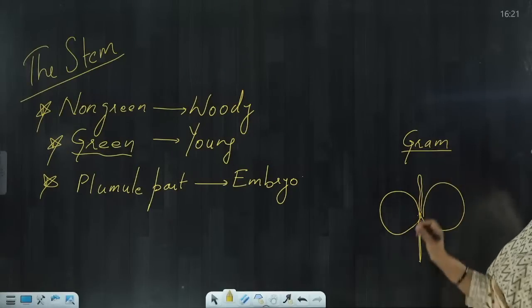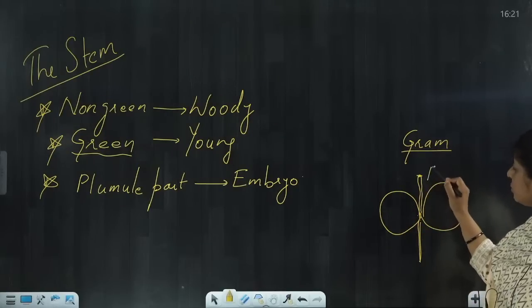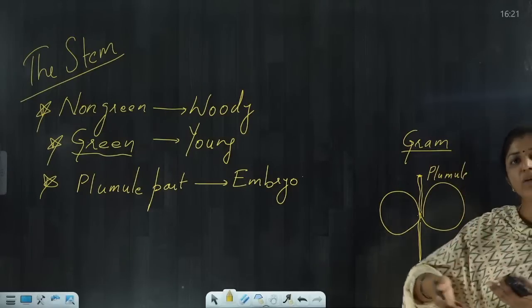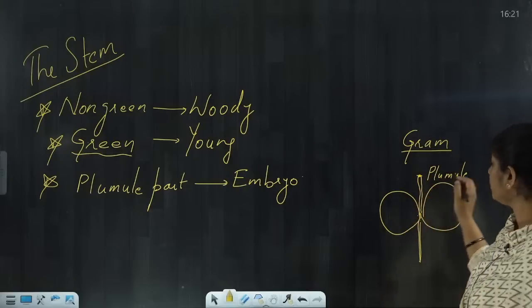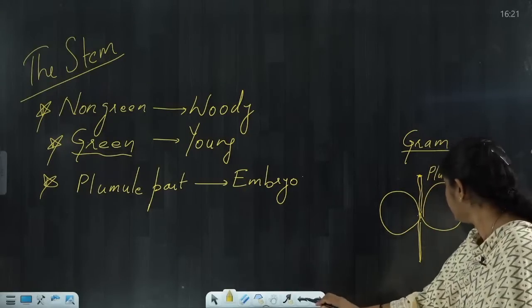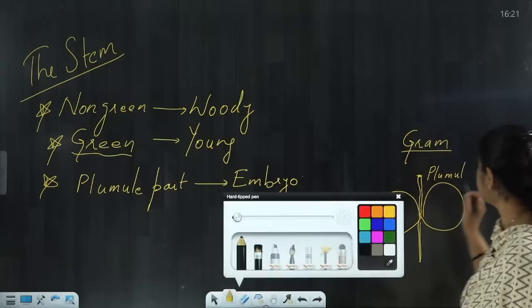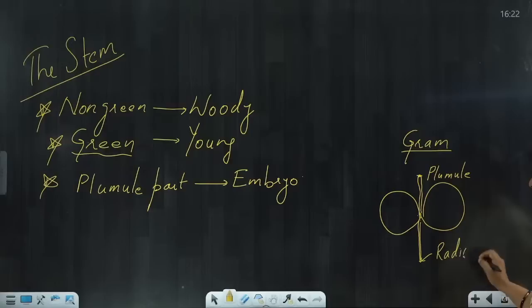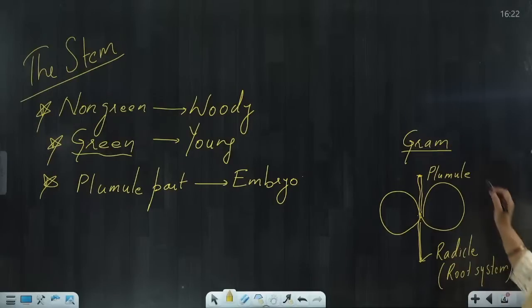This upper part, which comes out from the soil, you call the plumule. And the lower tip part you call the radicle. Radicle is going to give the root system, whereas plumule is going to give the shoot system.